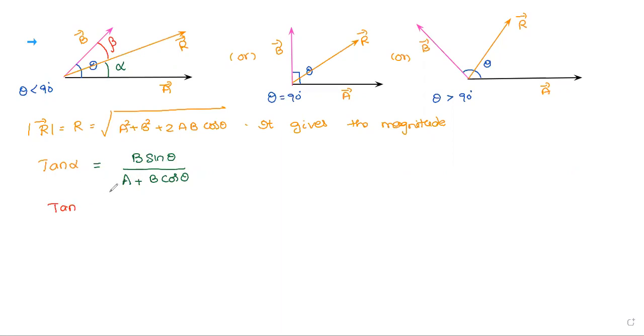Very good, exactly. Then you will get tan beta equal to A sine theta by B plus A cos theta, replacing A with B and B with A.